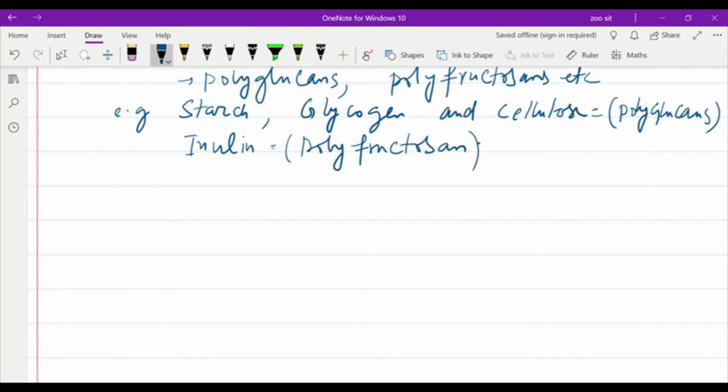Let's talk first today about starch. Starch is a carbohydrate. It is a reserve food material in plants.